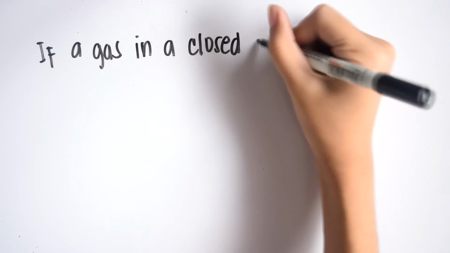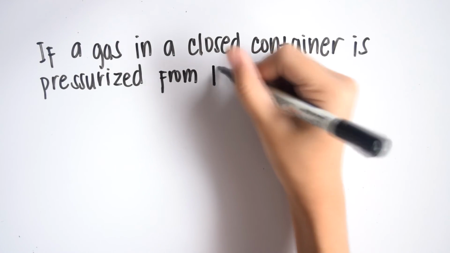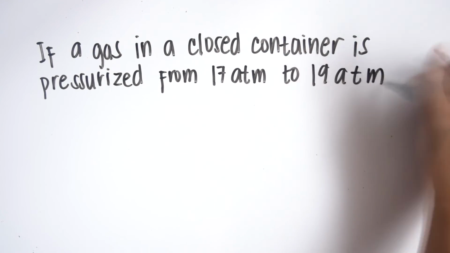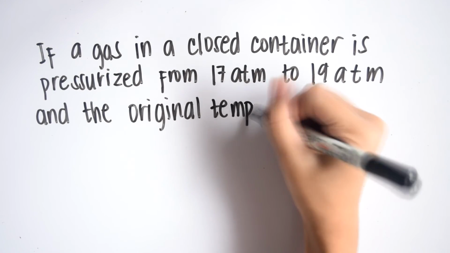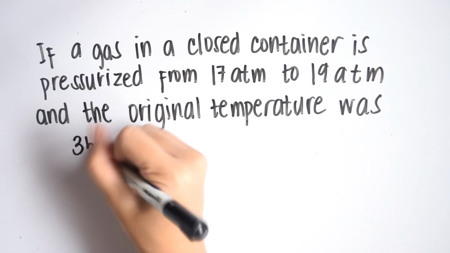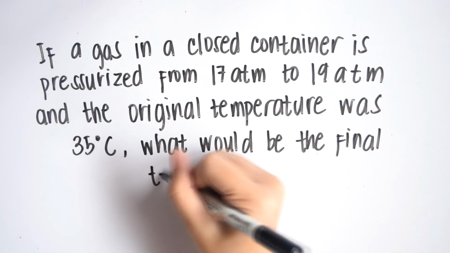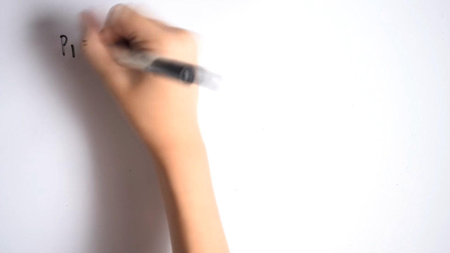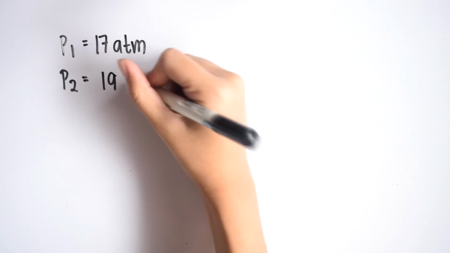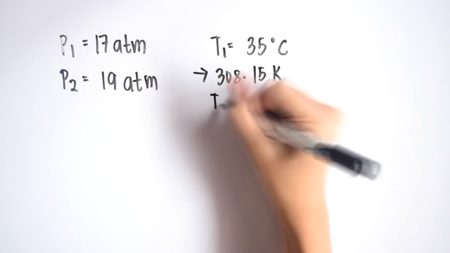For example, if a gas in a closed container is pressurized from 17 atmosphere to 19 atmosphere and the original temperature was 35 degrees Celsius, what would be the final temperature? First, let's identify the given. Our initial pressure is 17 atmosphere, our final pressure is 19 atmosphere, our initial temperature is 35 degrees Celsius, which we'll need to convert to Kelvin.